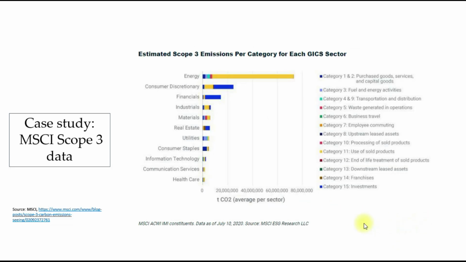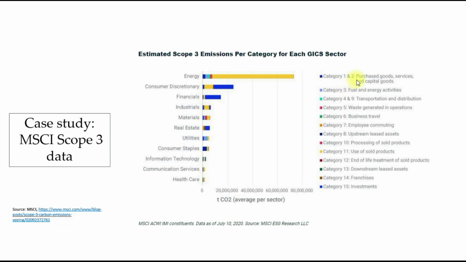So further on, with the same MSCI ESG research document, you have the further breakdown of emissions by category. This time just looking at the scope 3 emissions, you have the various industries like energy, financials, materials, real estate, and so on and so forth, and the categories of the scope 3 emissions.